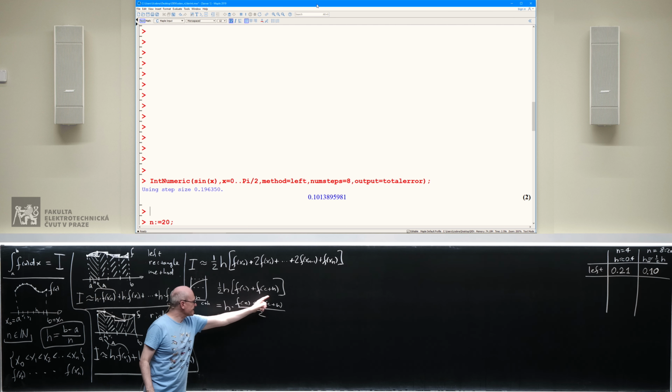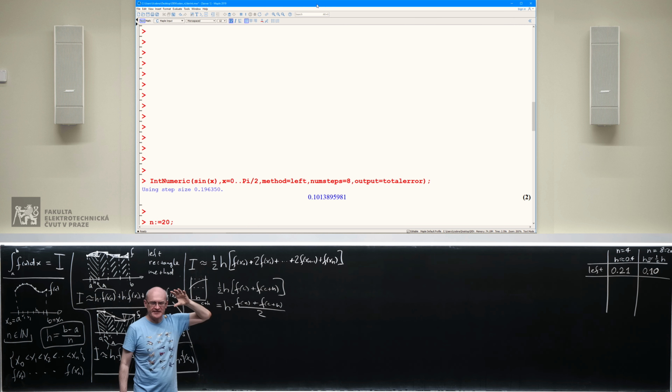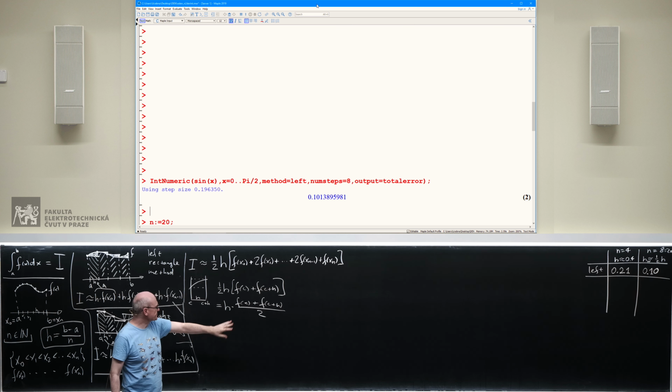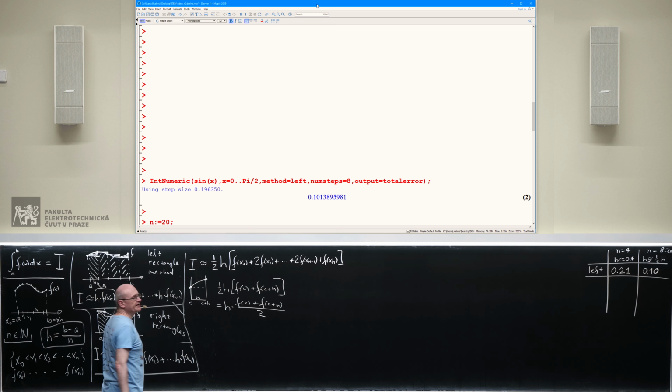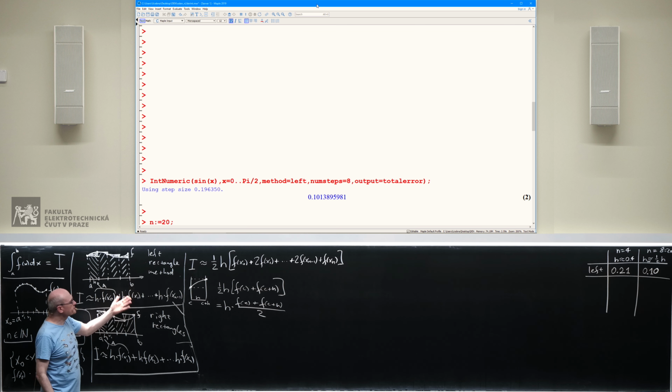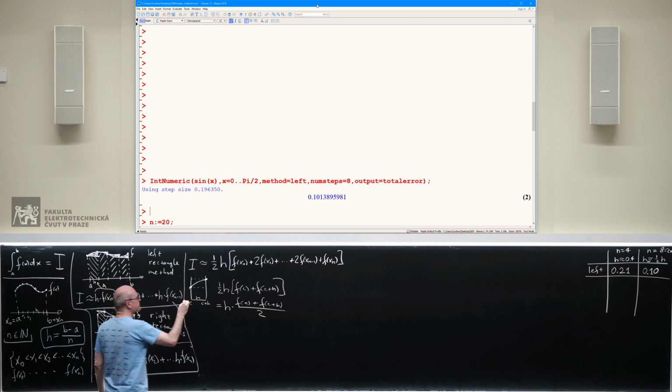So this formula can be interpreted as the area of some rectangle which has base h, and the height is the average of the heights on the left and on the right. This sounds interesting. You have 2 candidates, and you do not know which one to take, so you split the difference, you get the average.